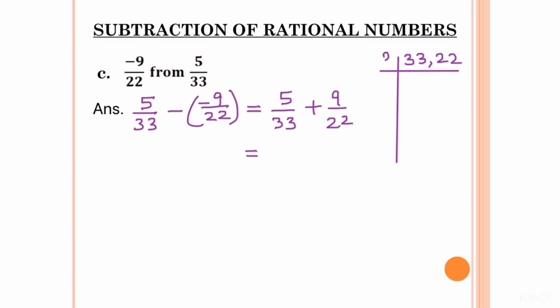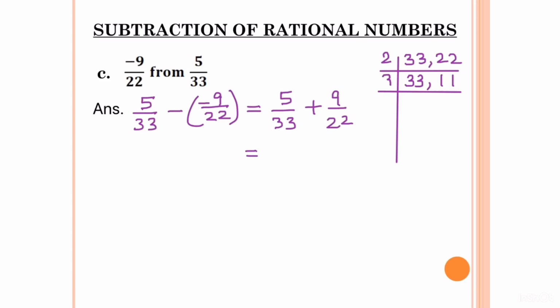First we will divide by 2. 33 is not divisible by 2, so we'll write it as it is. 2 times 11 is 22. Next, 33 and 11 are not divisible by 2, so the next prime number that we are going to take is 3.